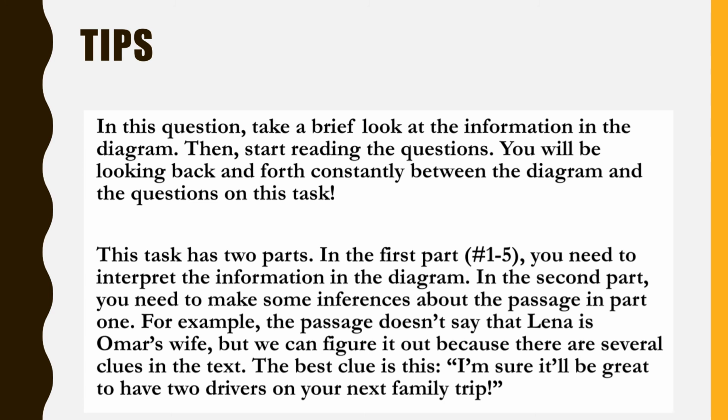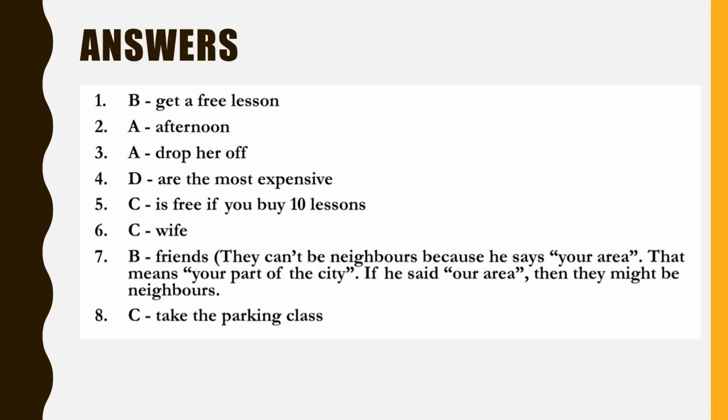For example, the passage does not say that Lena is Omar's wife, but we can figure it out because there are several clues in the text. The best clue is: I am sure it will be great to have two drivers on your next family trip. So you have to focus on these particular clues given inside the paragraph. And as much practice as you do, you can perform better. So these are the answers for that paragraph.